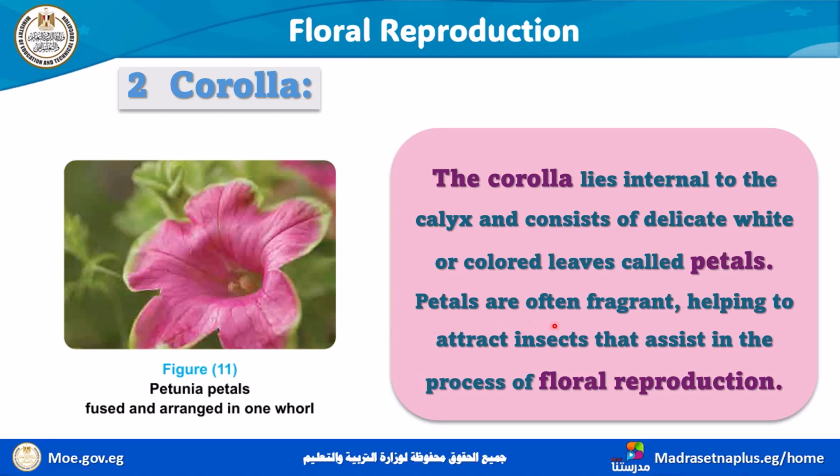Petals are often fragrant, helping to attract insects that assist in the process of floral reproduction. So they have a good smell. Fragrant means that they have a distinguished odor to attract insects and allow the floral reproduction.